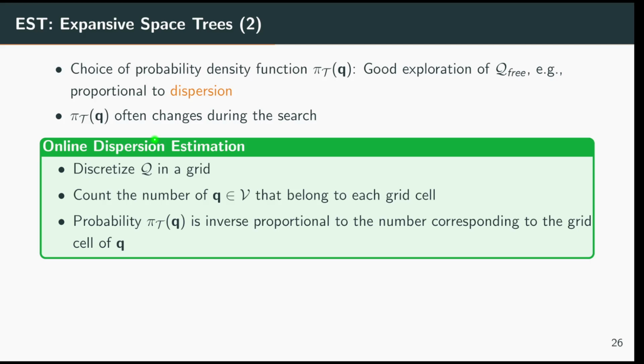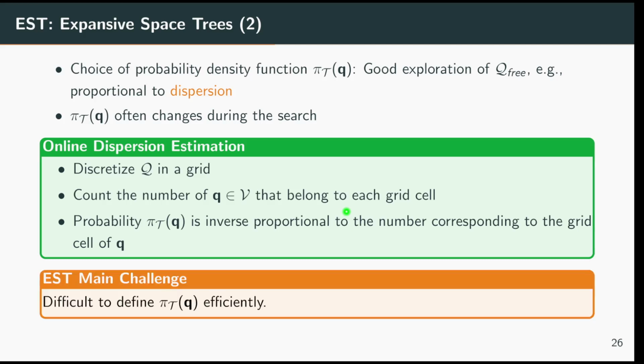So you discretize your configuration space, typically in some sort of grid, and then you count the number of vertices that fall within each grid cell, and the probability would be inversely proportional. So you would always try to select one where you have very few things, and that means you explore pretty well.